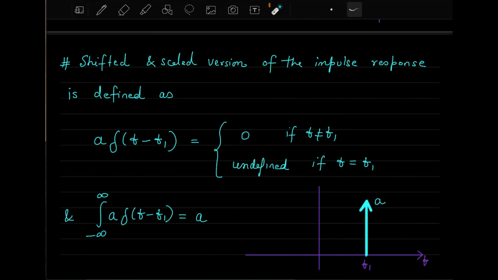Again, if you integrate it between the limits of minus infinity to infinity, the value will come out to be a. So now the only difference is that your unit impulse, which was earlier at 0, is shifted to time t equal to t1, and now the area is a. Earlier it was 1. So this is a shifted and scaled version of the impulse function, which is defined like this.